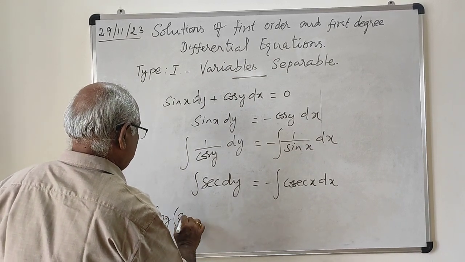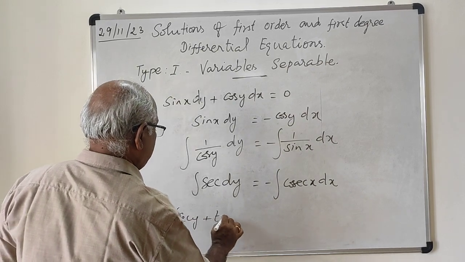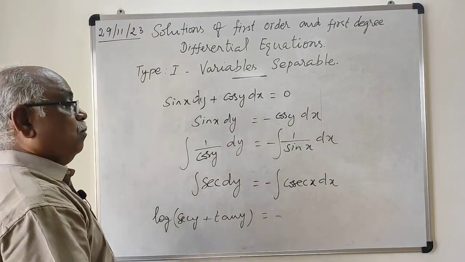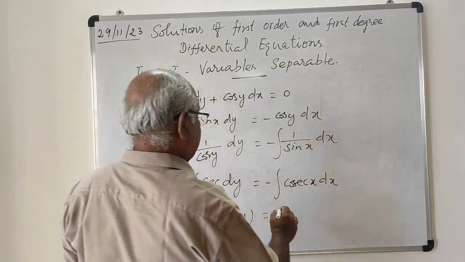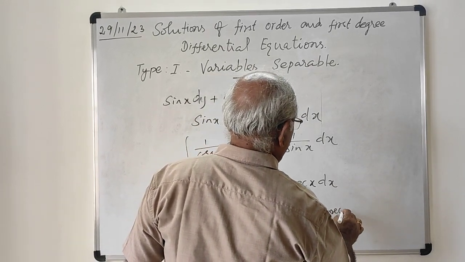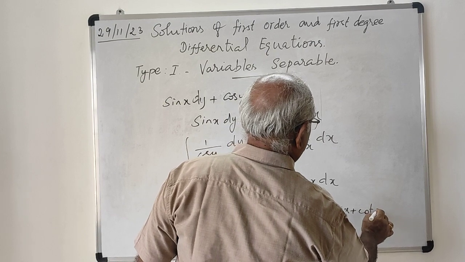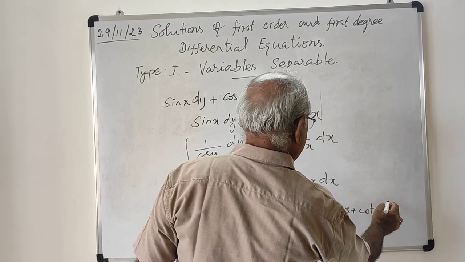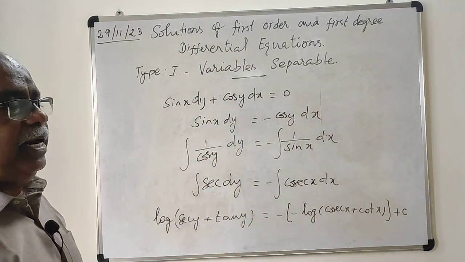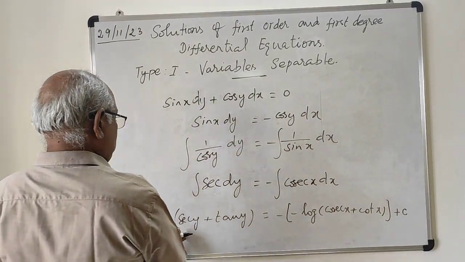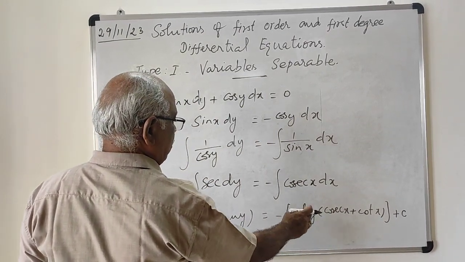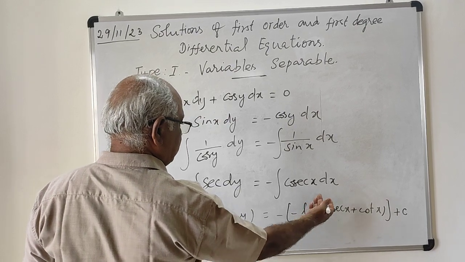Log of secant y plus tan y is equal to minus integral cosecant x. The integral of cosecant x is minus log of cosecant x plus cot x, plus an integrating constant c. We will get an integrating constant. So log of secant y plus tan y equals, minus into minus gives plus, log of cosecant x plus cot x plus c.